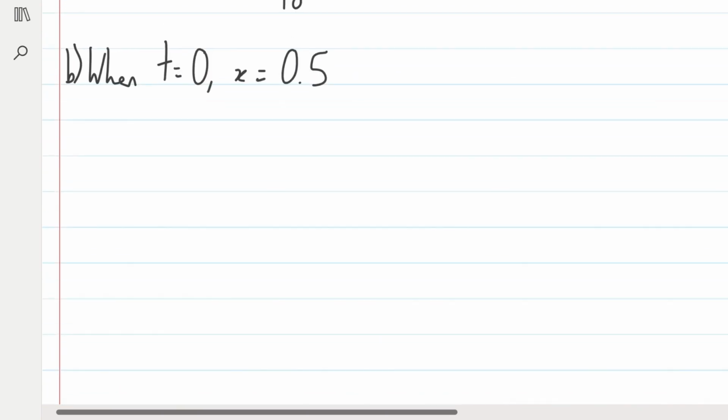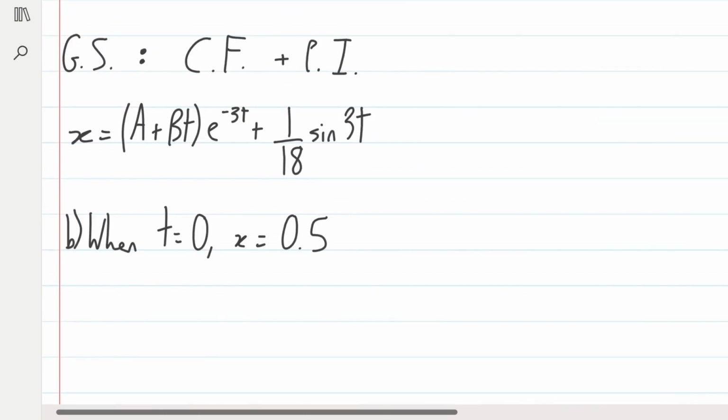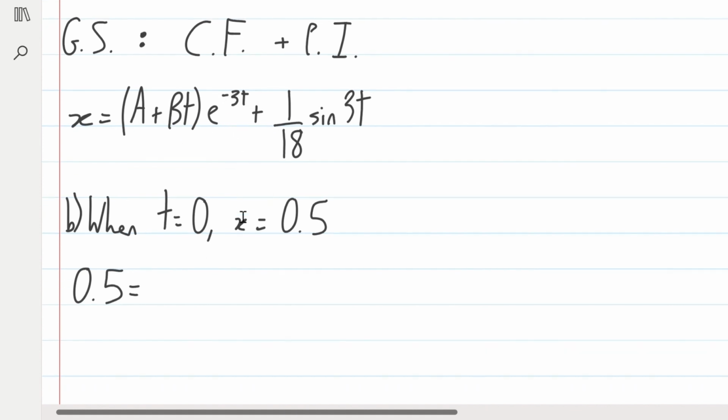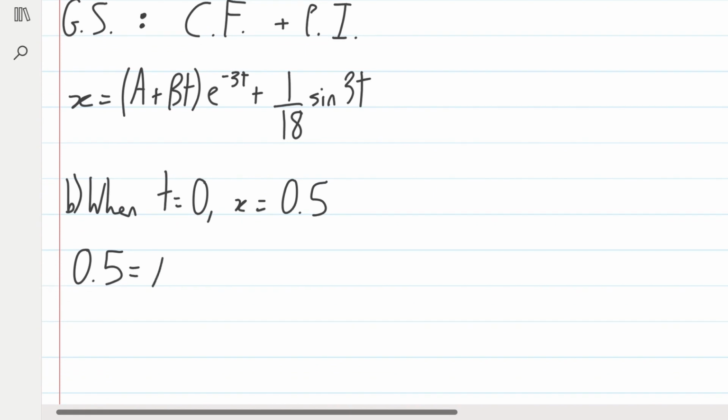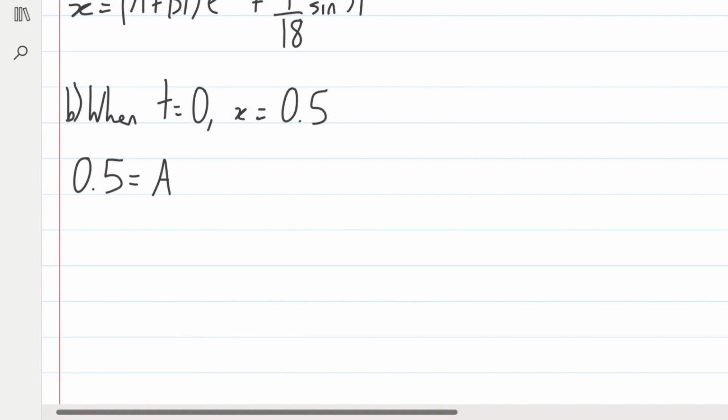And when we plug that all in, we're going to have 0.5 is equal to, and then you see how the t equals 0 means that this sine is going to be just 0 because sine of 0 is 0. This e to the minus 0 is going to be just 1, so it's going to be a plus bt, which is just going to be a plus 0, so A. Very nice. That'll usually just be a mark.